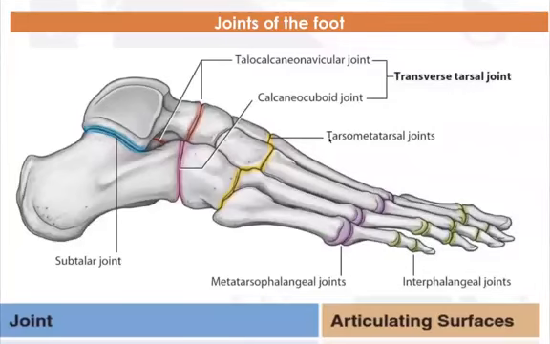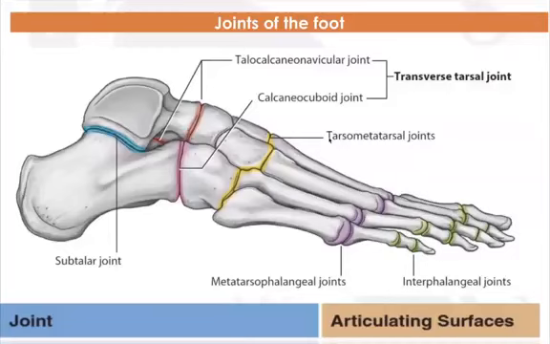If the examiner asks you what the articulating surfaces of the subtalar joint are, you say the inferior part of the talus along with the superior surface of the calcaneus. What type of joint is this? This is a plain synovial joint.